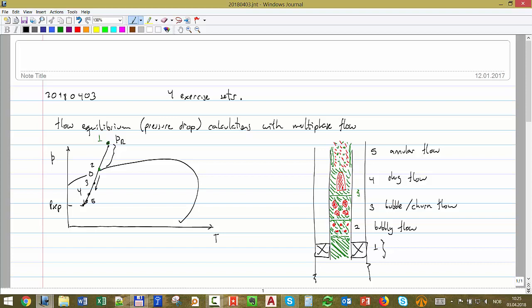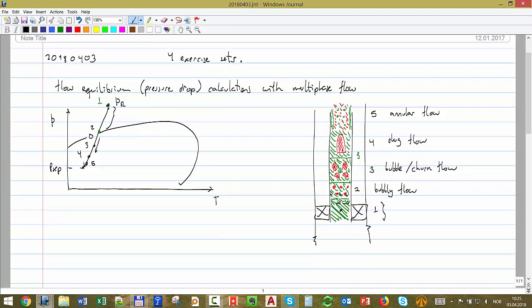So it's even more important to make this discretized calculation. You stand here, you calculate one step up, then you stand here, you calculate one step up, and so forth. Also the same thing for an oil well.